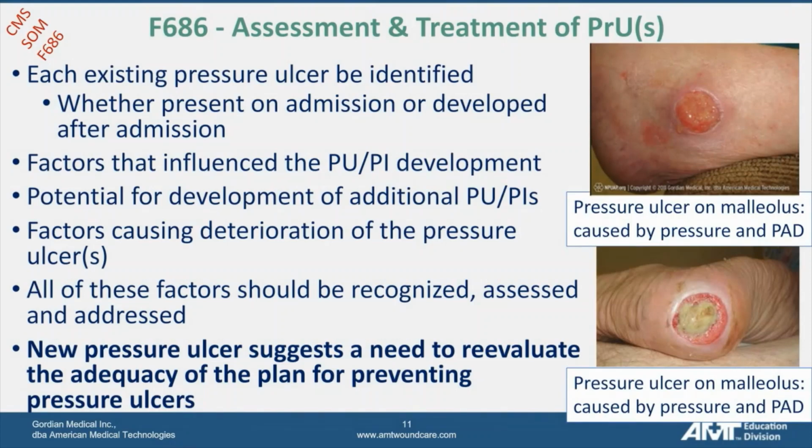The State Operations Manual, Guidance to Surveyors, provides guidelines for the assessment and treatment of pressure ulcer injuries and states, it is important that each existing pressure ulcer injury be identified, whether present on admission or developed after admission, and that factors that influenced its development, factors that influence the potential for development of additional pressure ulcer injuries, and factors causing the deterioration of the pressure ulcer injury be recognized, assessed, and addressed, and any new pressure ulcer injury suggests a need to reevaluate the adequacy of prevention measures in the resident's care plan.